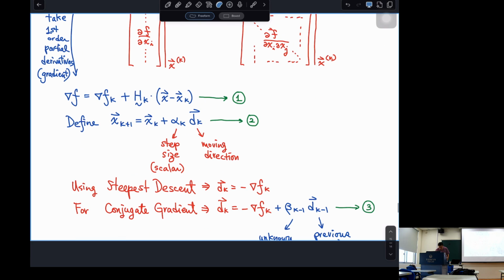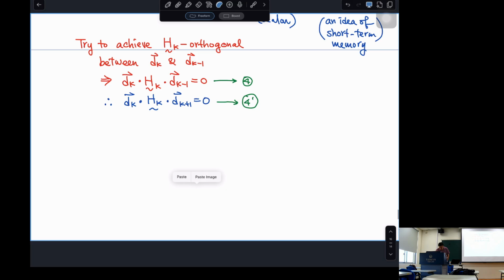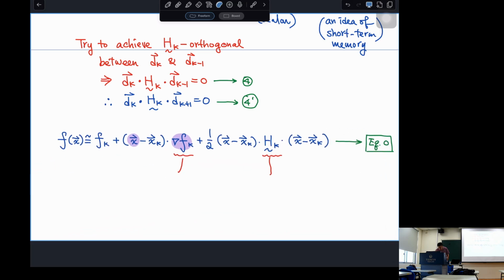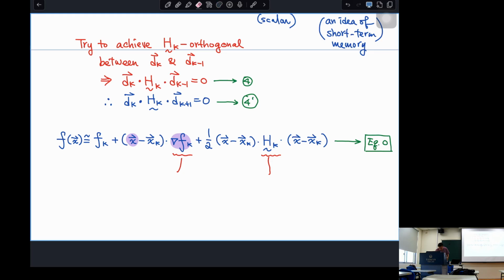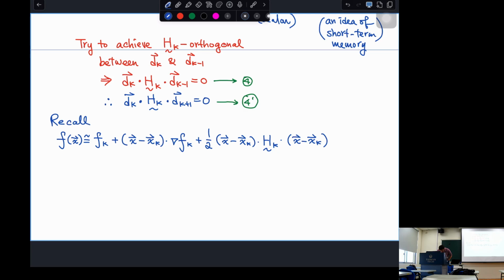Copy, paste. Okay, I'm gonna recall equation 0.